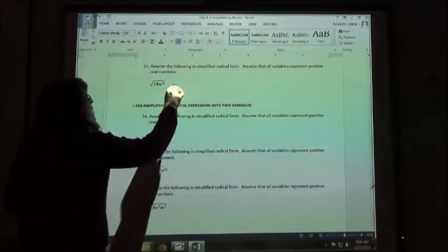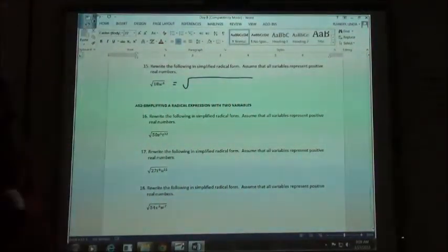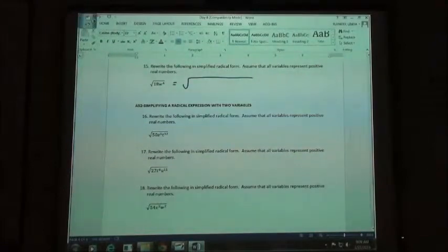So number 15 here, we want to do the square root of 18w to the 4th. The 18 again is not a perfect square, but we can factor it. What should we factor 18 into?